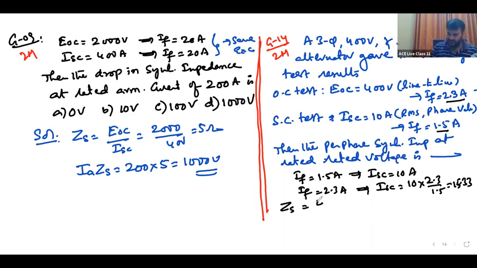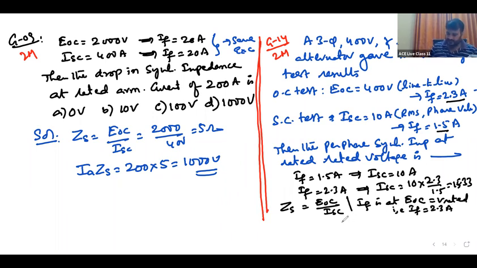Now we need to calculate ZS, which is EOC by ISC at EOC equal to V rated, and that is IF is equal to 2.3 amperes.